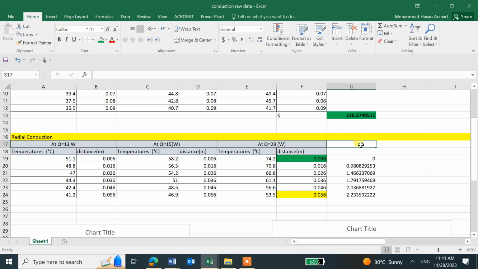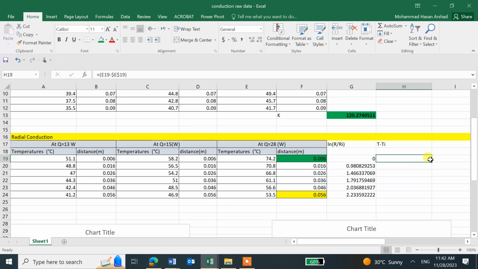Then we have t minus ti. Ti is constant, the first one, so I will fix it.